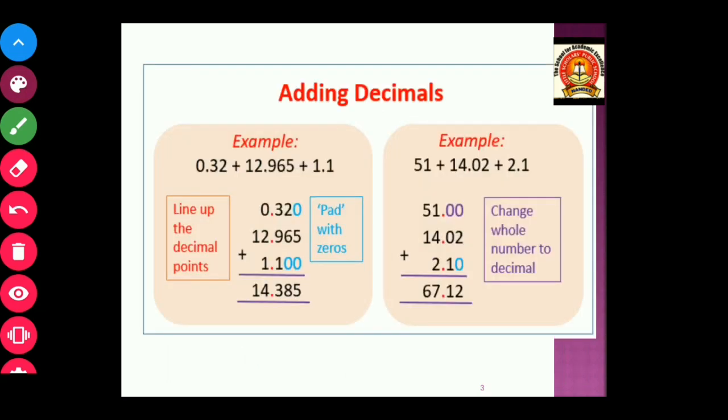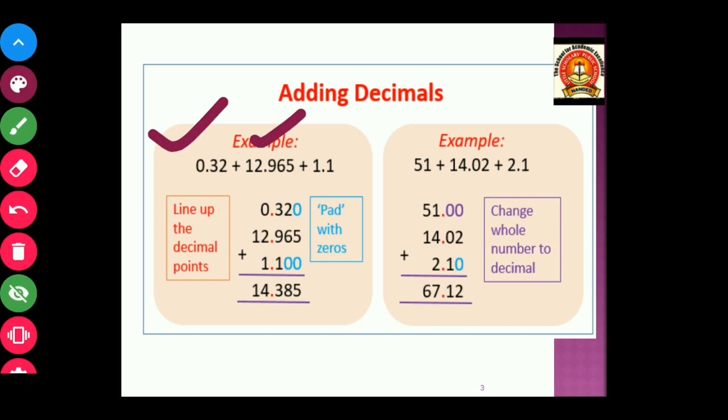Another example you can see, friends. For example, here you need to add 0.32 with 12.965 and you are going to sum up 1.1 in it. So first of all, check here, 12.965 has 3 decimal places, so you can choose these 3 decimal places for the remaining also, and wherever required you can pad with zeros.